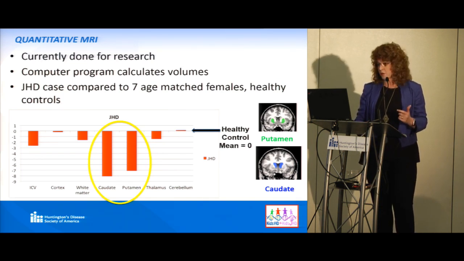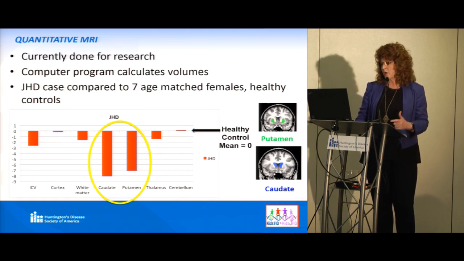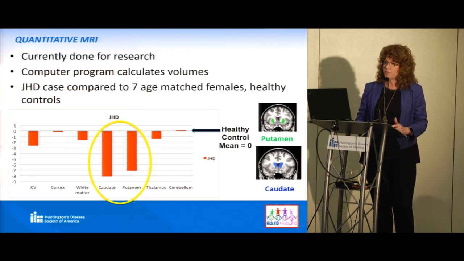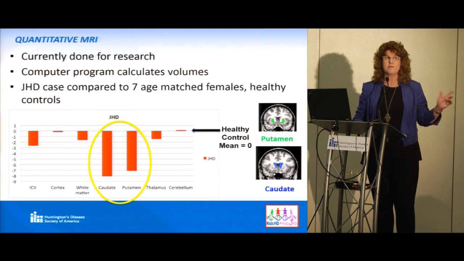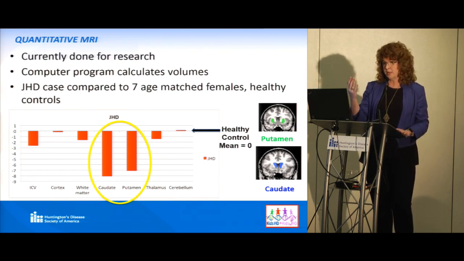And in particular, the areas of the brain that we know are affected primarily by Huntington's, the caudate and the putamen, are very low, very low. So low that they would be clearly considered to be abnormal, even though qualitatively it may look okay.